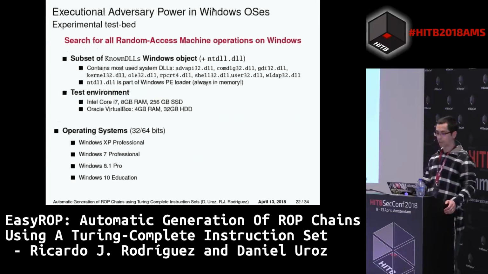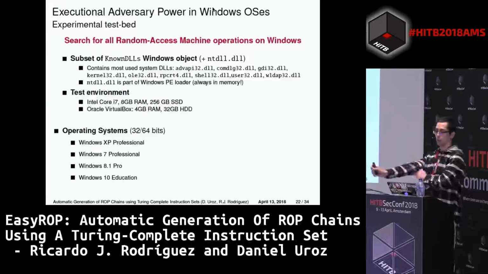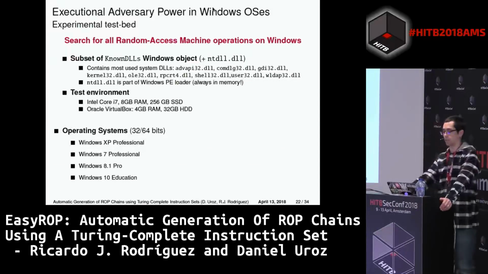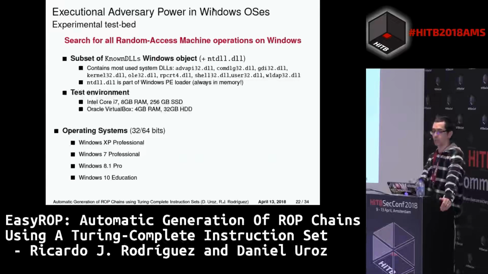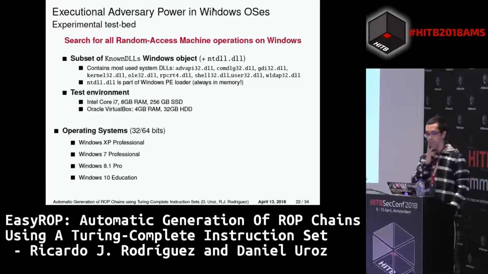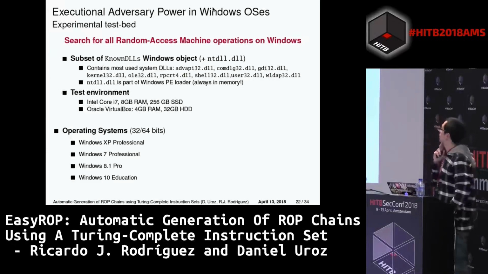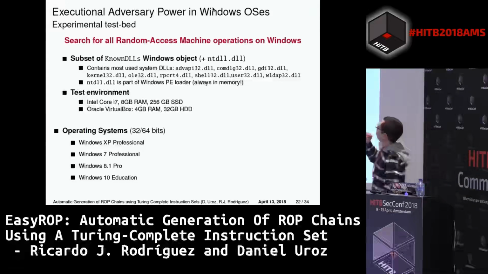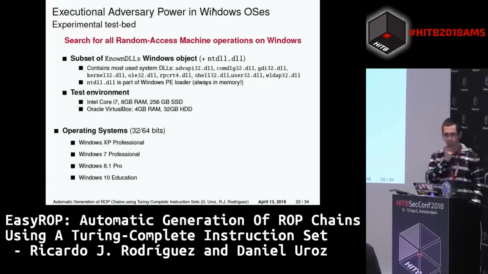Regarding the evaluation, our idea was to search for at least one ROP gadget for every random access machine operation. Considering Windows, we have used a subset of the known Windows KnownDLLs object, which is an internal operating system object that contains the most used system DLLs.